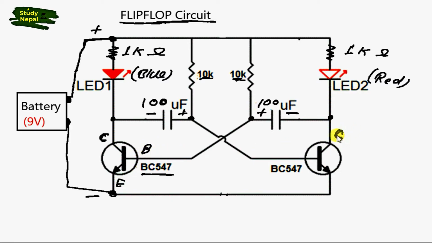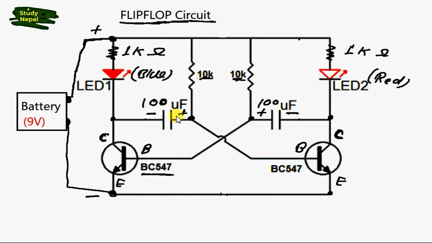This is the collector of the transistor, the downside is the emitter, and this one is the base, B. The negative terminal coming from the LED is connected to the collector of the transistor, and the emitter is connected to the negative terminal of the battery. Likewise, the emitter of the other transistor is connected to the negative terminal of the battery, and the portion coming from outside is connected to the collector.